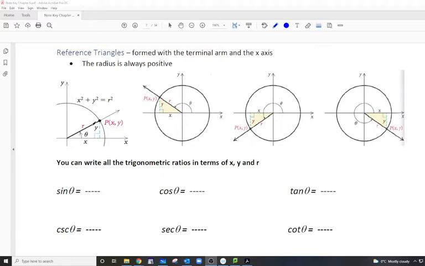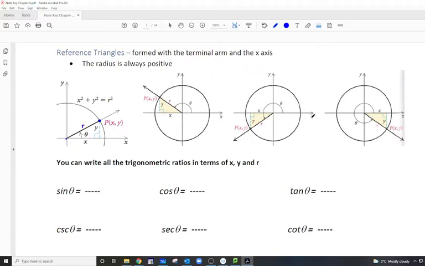We're going to have this terminal side, and a point on the terminal side that's going to intersect a circle so that our circle can have a radius. So from this vertex to the point where the terminal side intersects the circle, you're going to have this length r. Every single triangle, whether it's in quadrant 1, 2, 3, or 4, is going to have this length from the vertex to the edge of the circle, which is the radius.